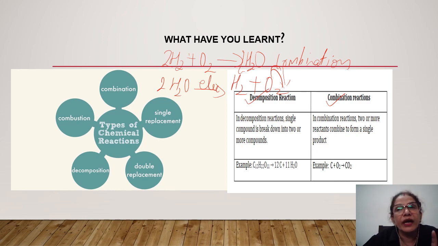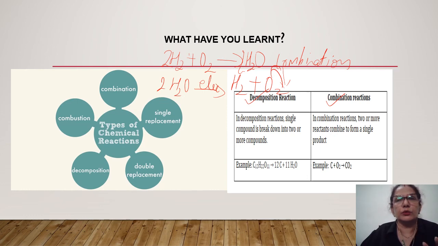So you may have a question asking you to explain why decomposition reactions are a reverse of combination reactions. You can take one example and explain, just give the definitions: in a decomposition reaction, a single substance gives two or more substances, and in combination, two or more substances combine to form a single substance. So it is understood that it is the reverse.